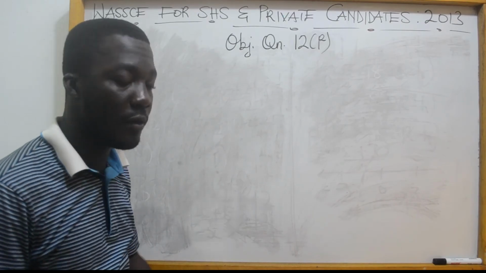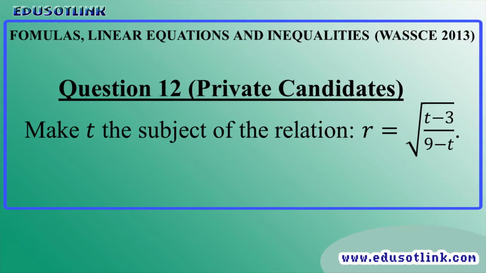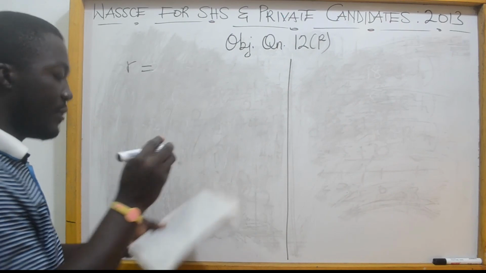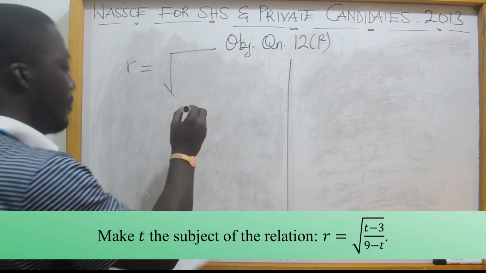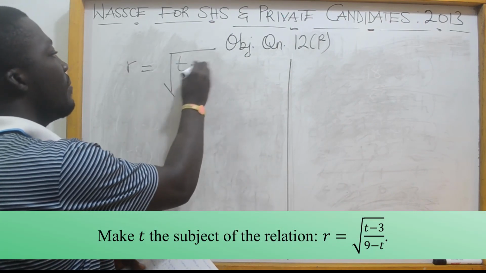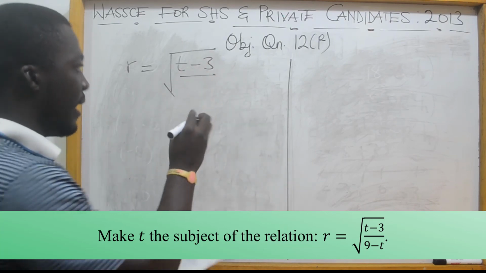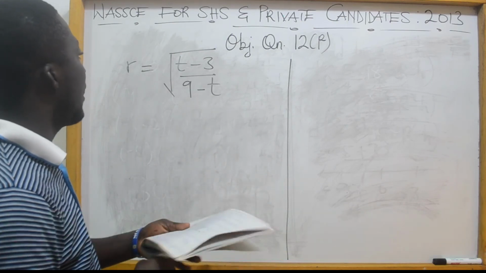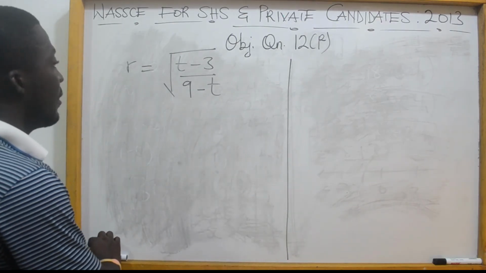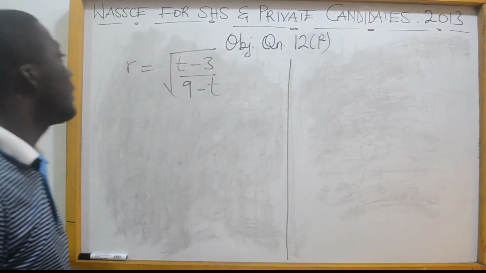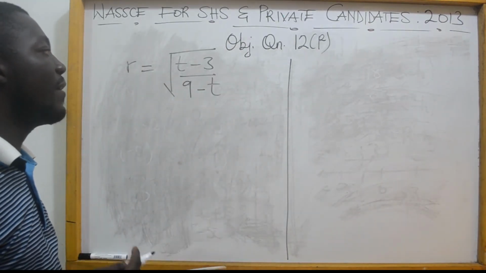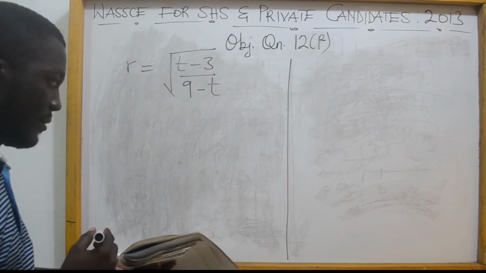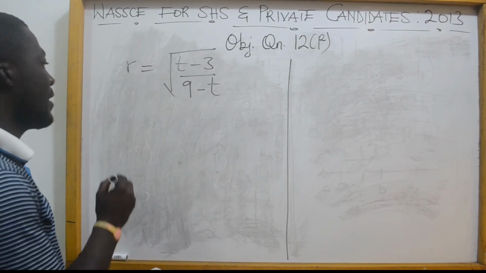Objective question 12 for private candidates. It says we should make T the subject of the relation R is equal to the square root of T minus 3 divided by 9 minus T. So in this, we are going to square both sides.